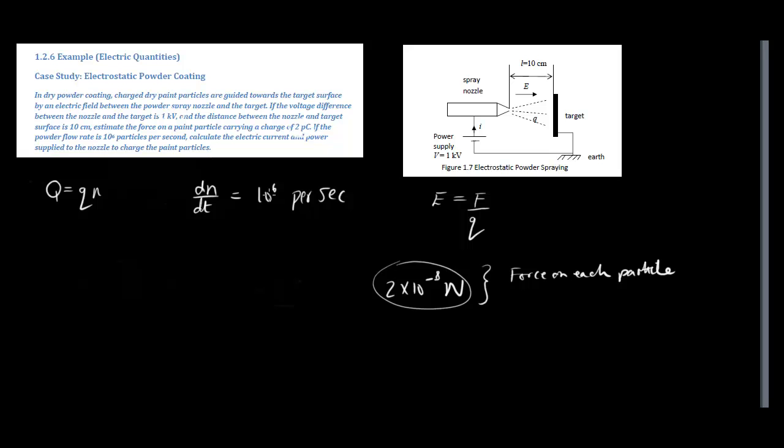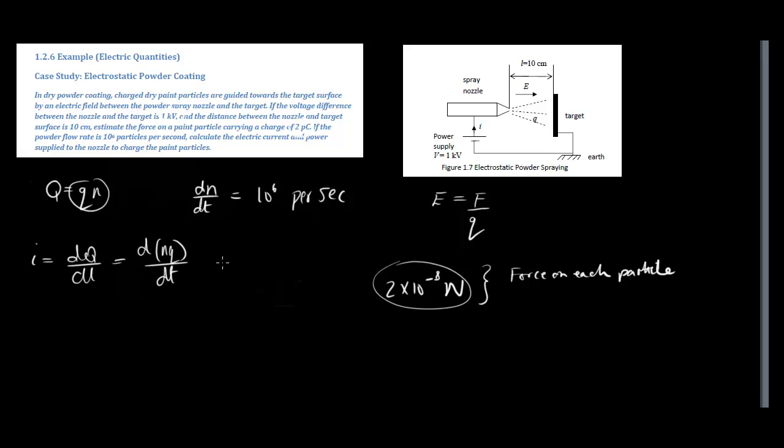So we use equation 1.5 in the notes to find current. We know that I, current, we use a small i in this case, is equal to dQ/dt. Remember, current we defined as the rate of flow of charge. Q is charge here, but we know Q is equal to nq, so we substitute: d of nq over dt.